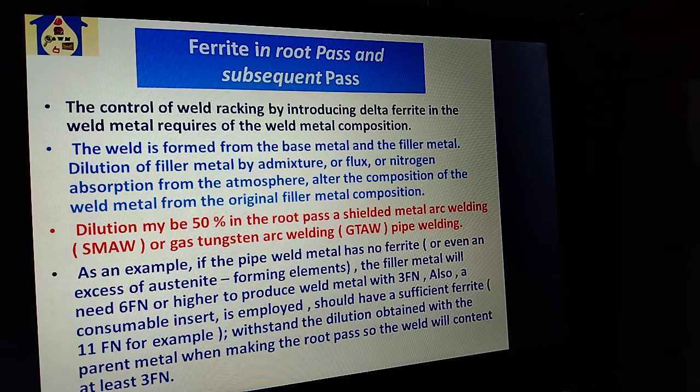Also, a consumable insert should have sufficient ferrite, 11 Fn for example, to withstand the dilution obtained with the parent metal when making the root pass of the weld, so the weld will contain at least 3 Fn.